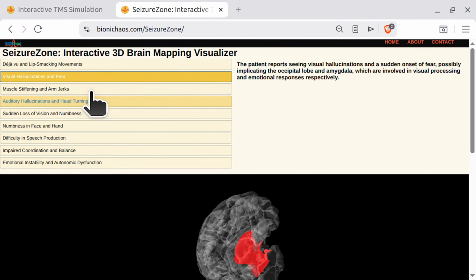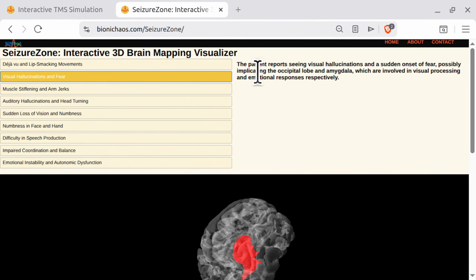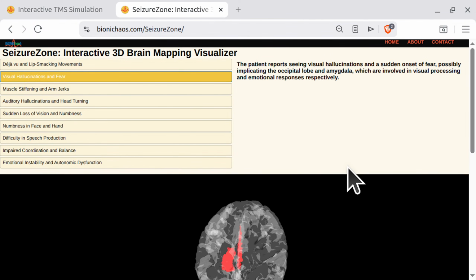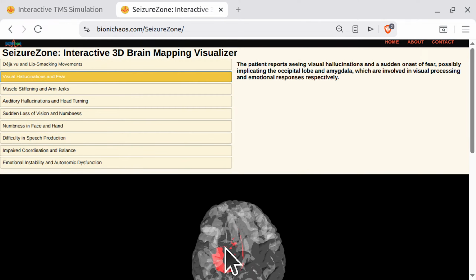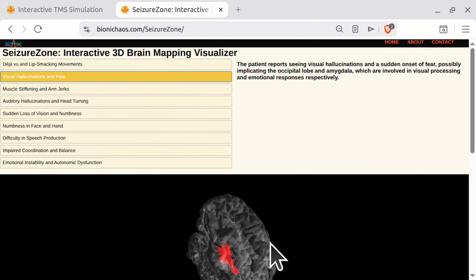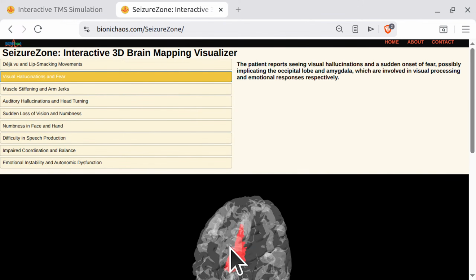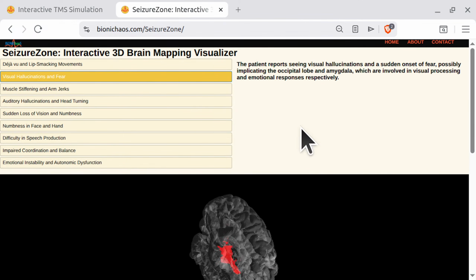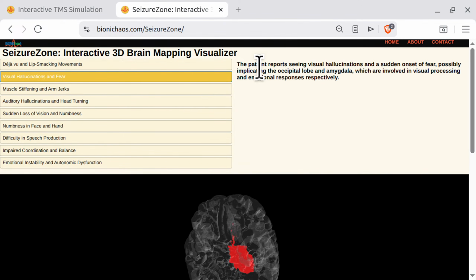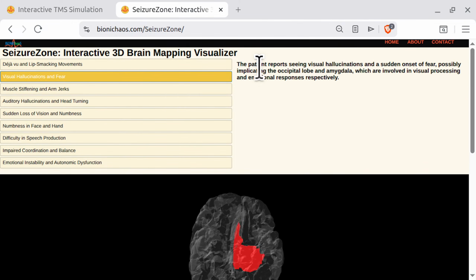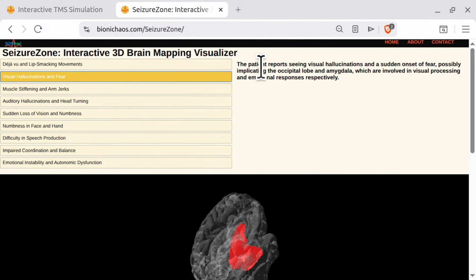So for example, if you're having visual hallucinations and fear, it will show you which part of the brain is being affected by the red coloring of that specific area, and it will also give you a blurb. It's called semiology or something, like a description of what's happening.